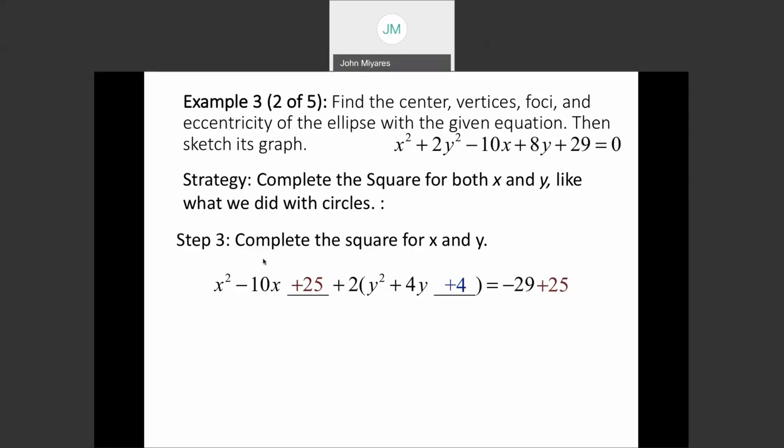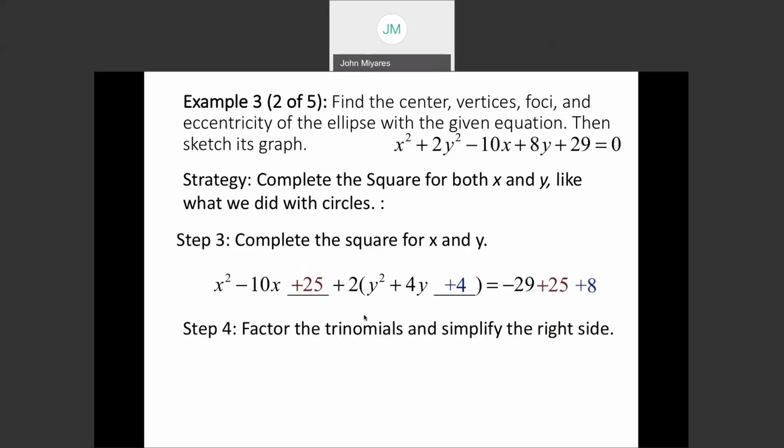However, remember, everything inside the parentheses is being multiplied by this 2 that's on the outside. So in order to keep the equation balanced, we don't want to add 4 to the right-hand side. We actually want to add 8 to the right-hand side because what I have is 2 times 4.